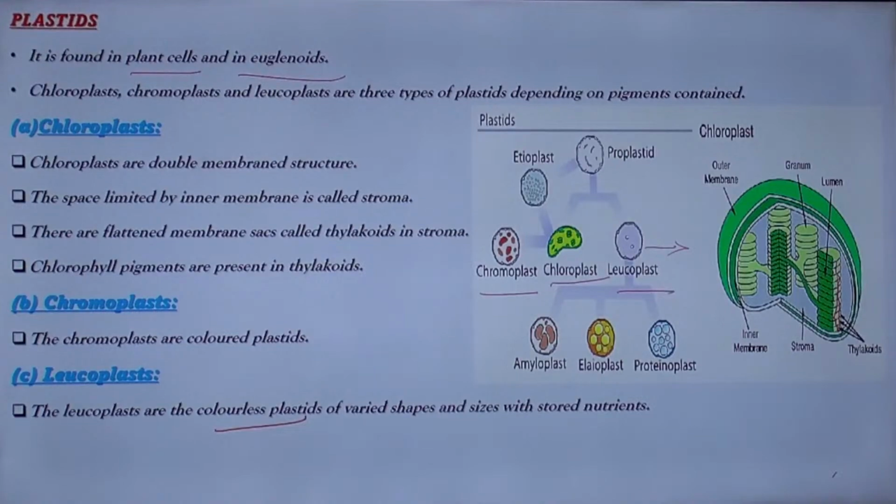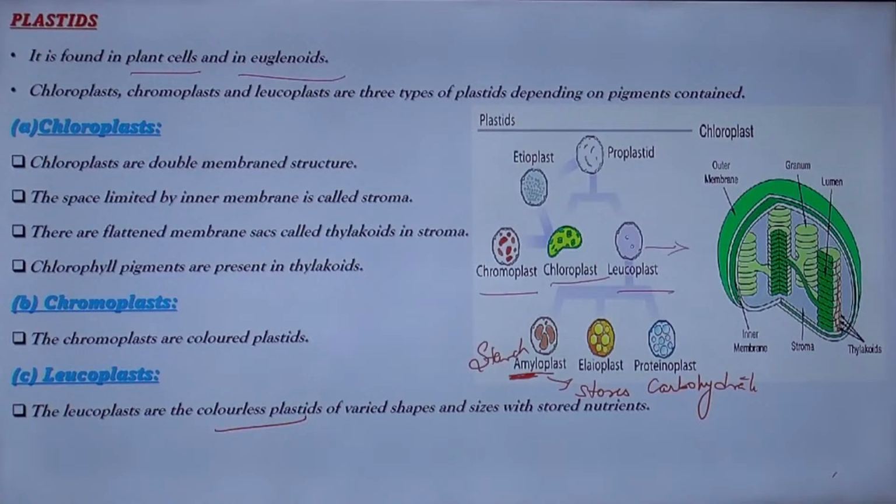And then what does amyloplast help with? It stores carbohydrates. Amyl means starch, okay? So it stores what? It stores carbohydrate, for example potato.